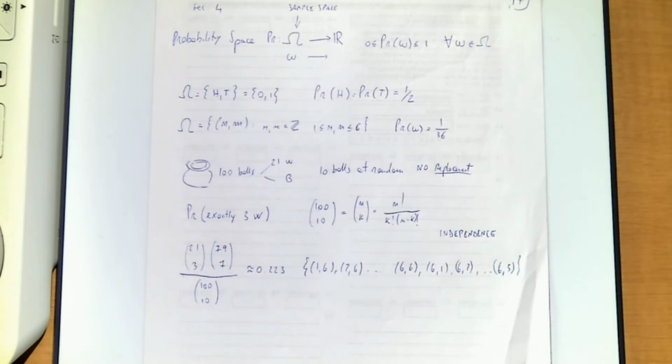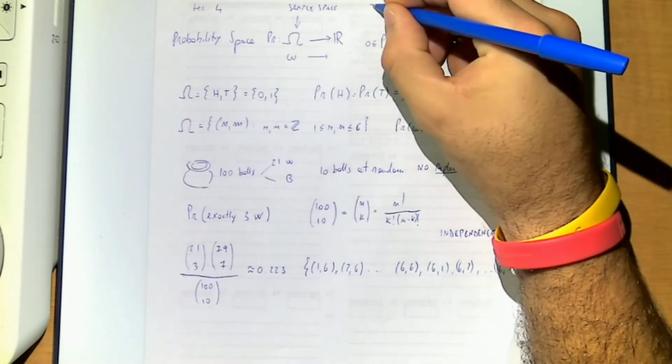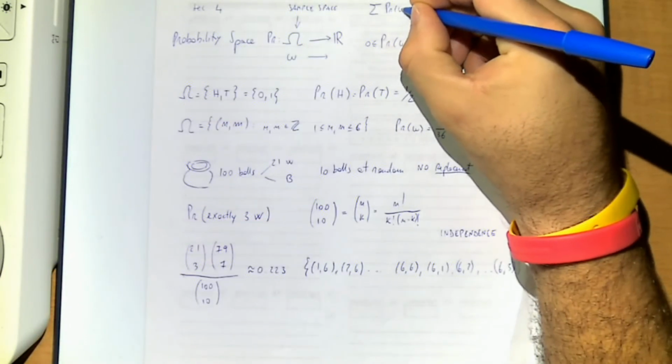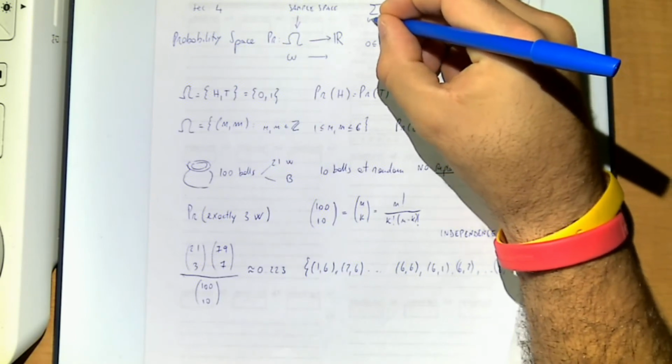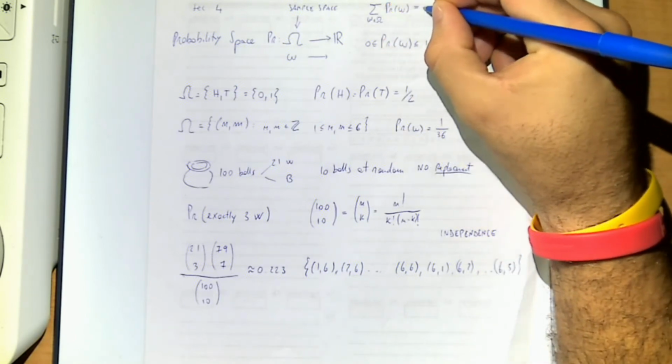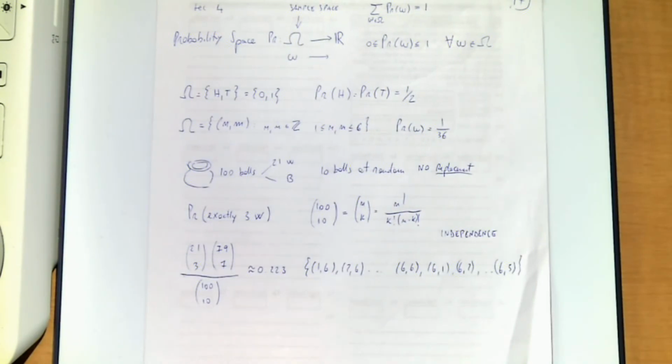And this is valid for a subset of events as well. And in particular, the sum of the probability of omega for omega in my sample space actually has to be equal to 1.